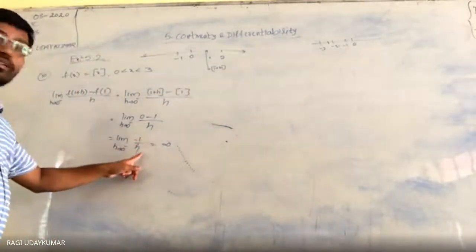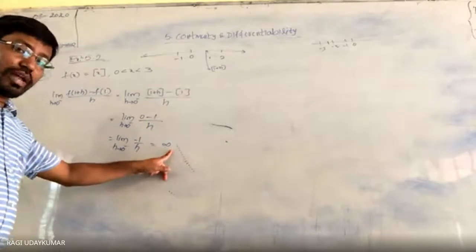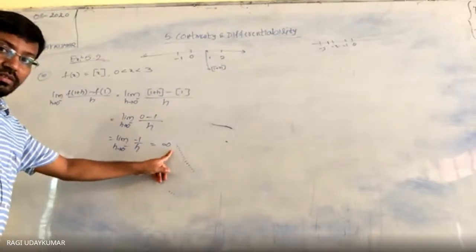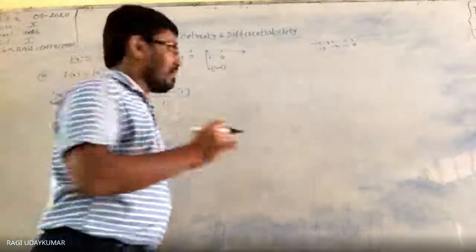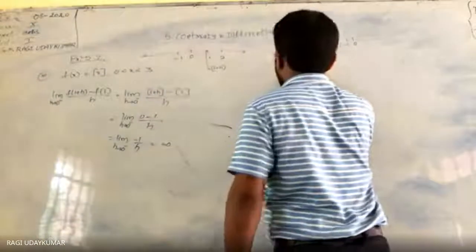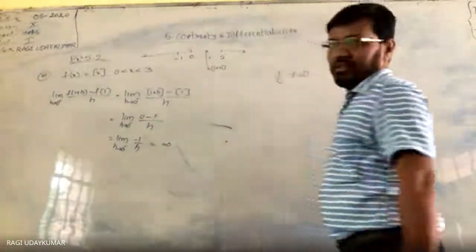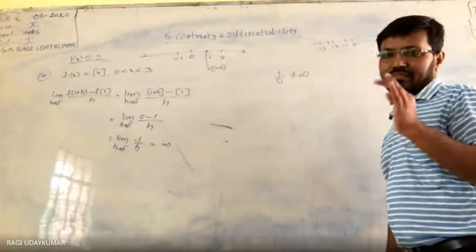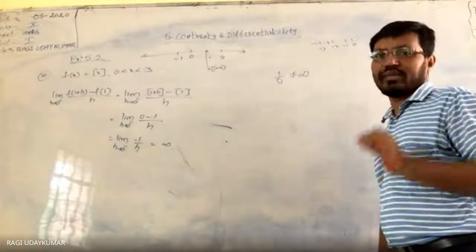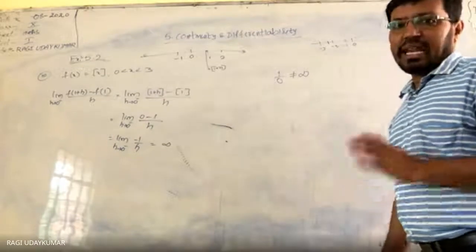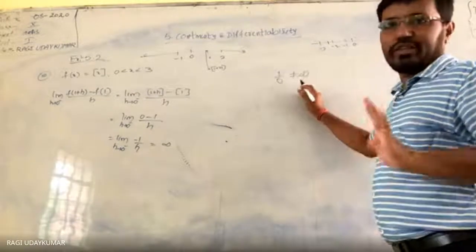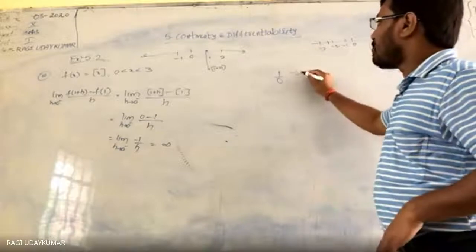Here it is not exactly 0, so the infinite value we need to write. Already I told you, in limits 1 by 0 is not equal to infinity. Do remember this point. As mathematics students, you have to be very careful. As the situation came, I am explaining: 1 by 0 is not equal to infinity, 1 by 0 is to be called undefined.